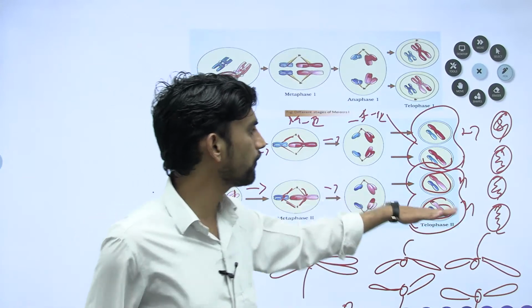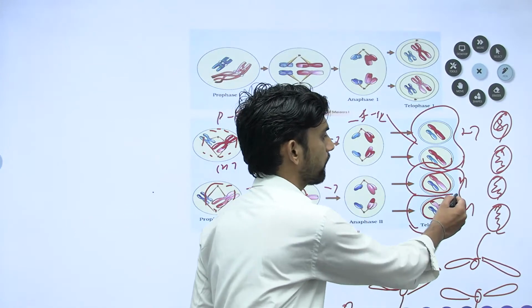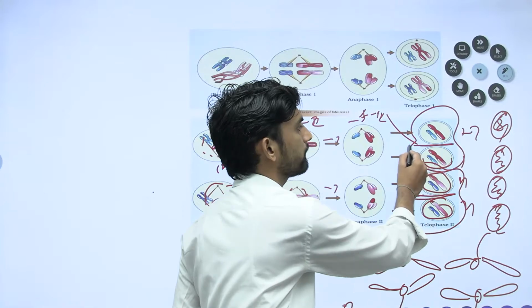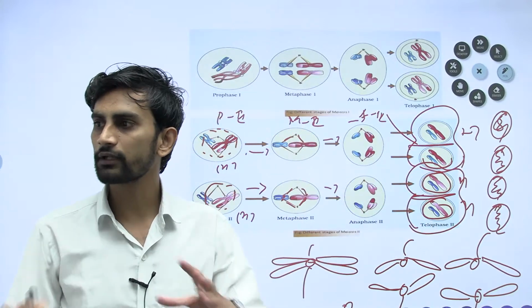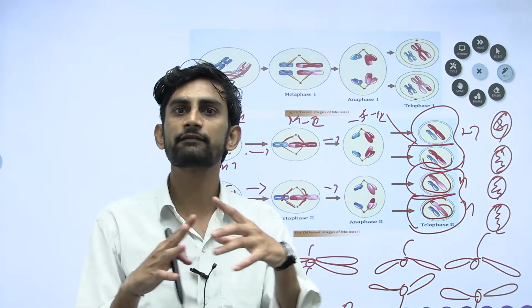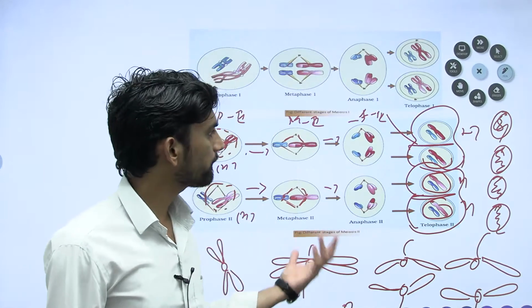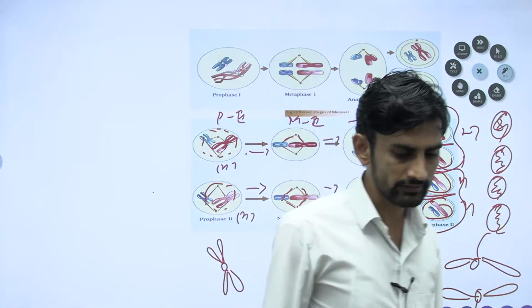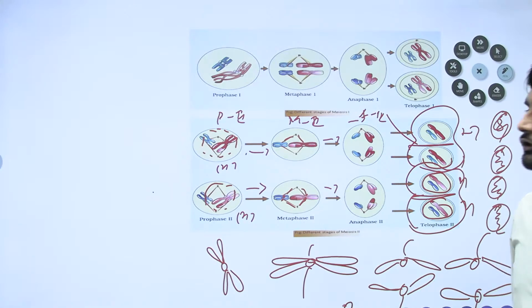Both undergo cytokinesis 2 by formation of a furrow or constriction between the 2 daughter cells. After that, these daughter cells completely separate. So how many daughter cells are formed at the end of meiosis 2? Total 4, and all 4 will have n number of chromosomes.